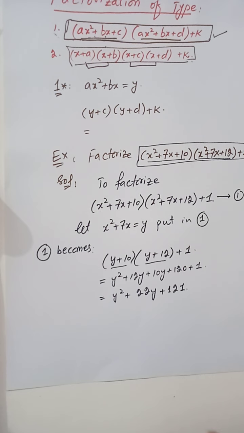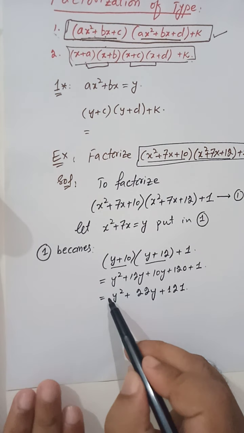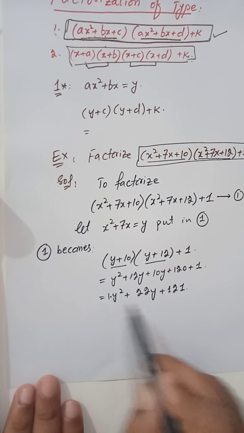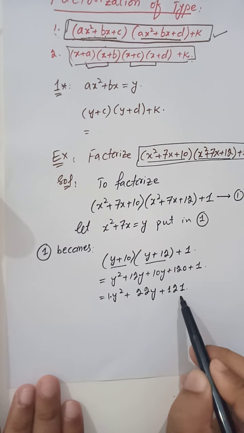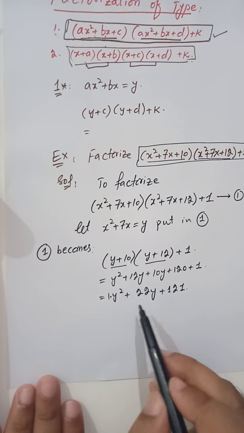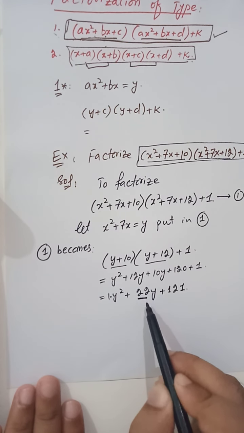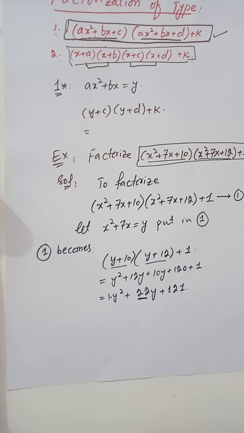We use a method where we multiply the coefficient of y square with the constant term. So 1 will be multiplied with 121, and you will get 121. Then we need to split the coefficient of y, which is 22, into two parts such that if you add them you get 22, and if you multiply them you get 121.